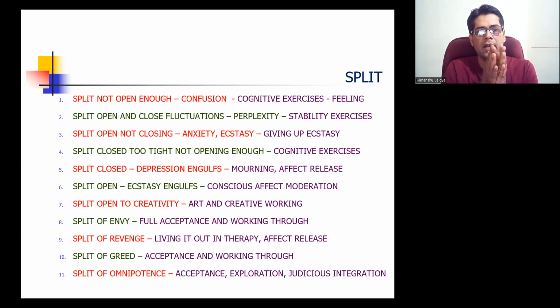In childhood, the split has to open and then close. If it has never opened up adequately, there is a different set of problems. If the split has never opened up adequately, there is confusion. You cannot differentiate between the good and the not good. The cognitive continuum of good and bad, white and black, that cognitive capability to really go to two ends of the continuum is not developed.